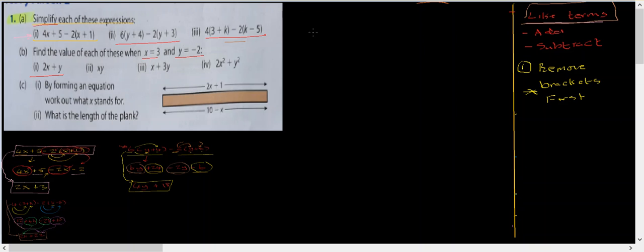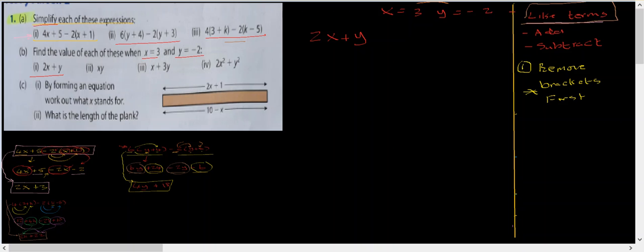It's 2x plus y. Now what it's telling us is that x is equal to 3 and y is equal to minus 2.